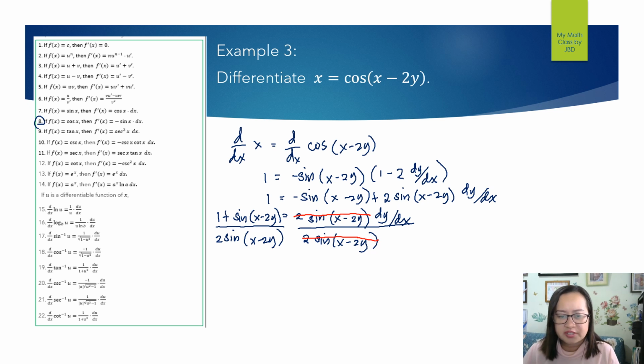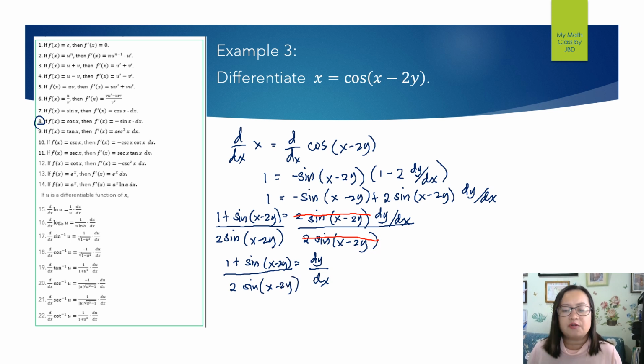So what remains is dy dx. And on the left side, we can just copy the expression. Now, since we cannot cancel any term, this would be the final answer.